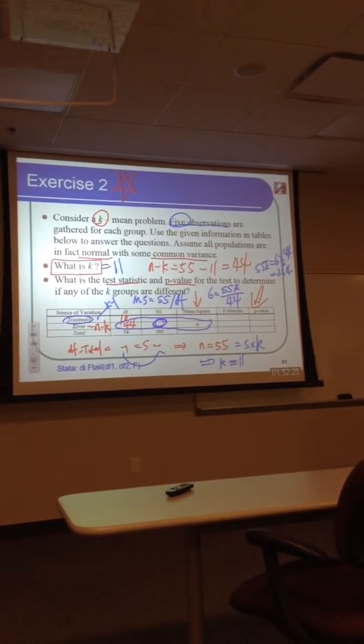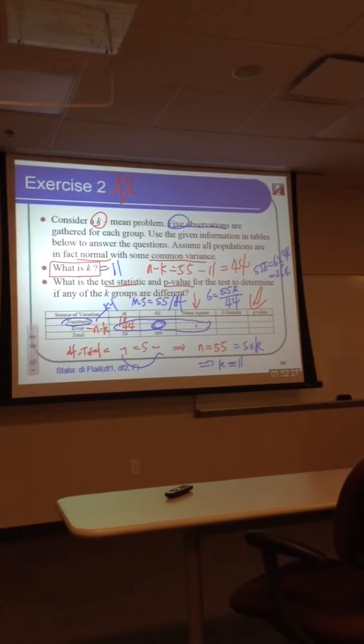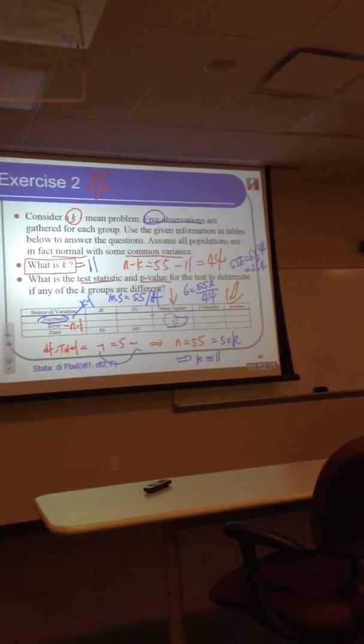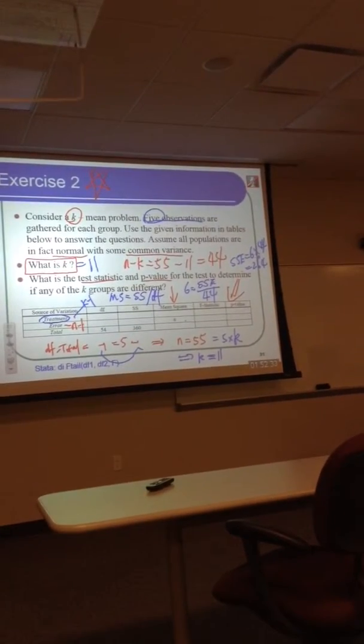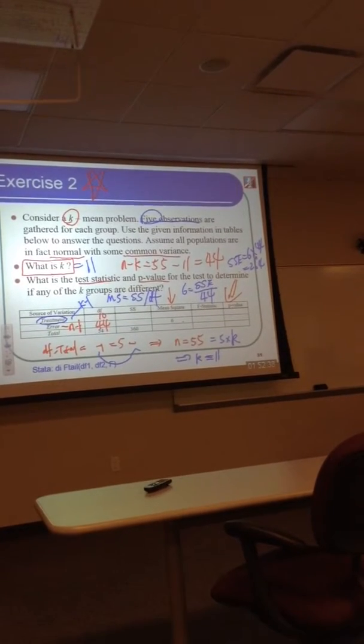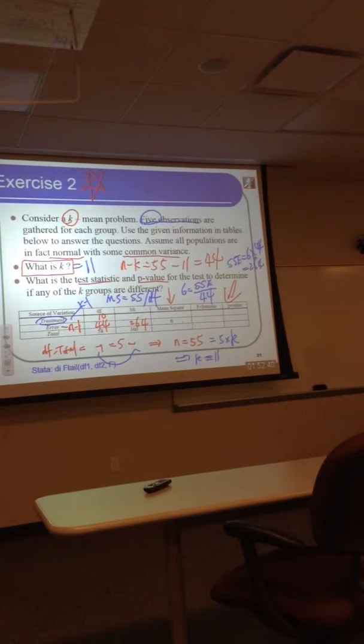Okay, so now you have to look at the data horizontally: 44 here, and this one is 264.